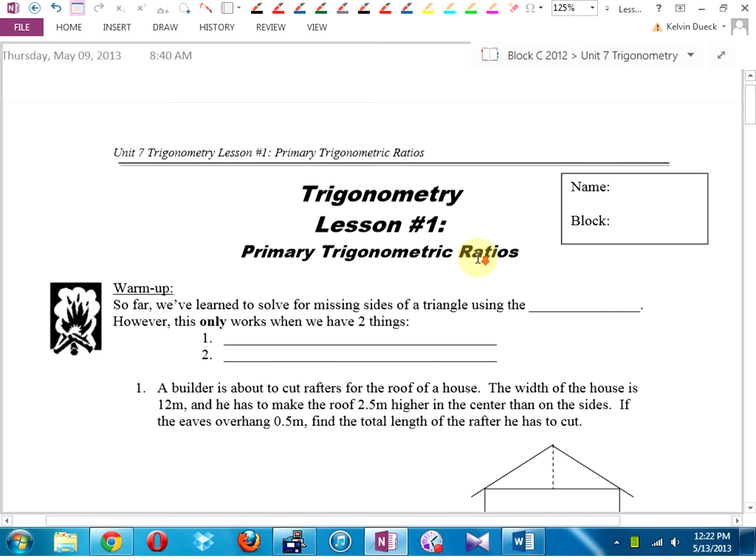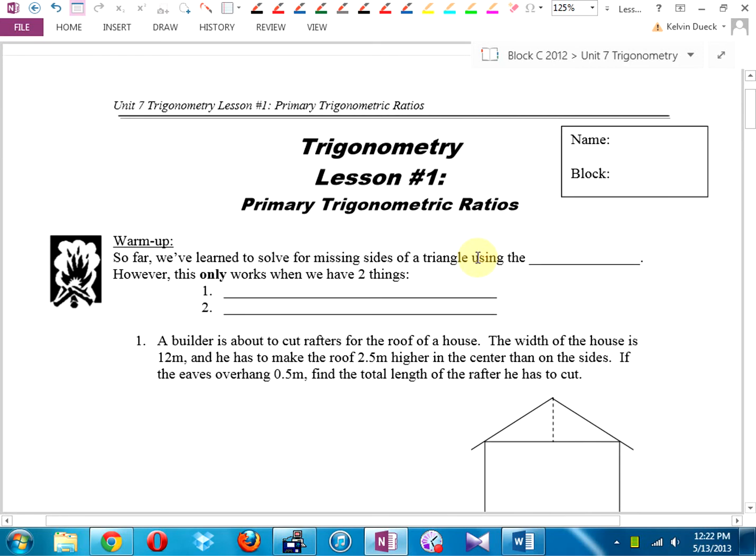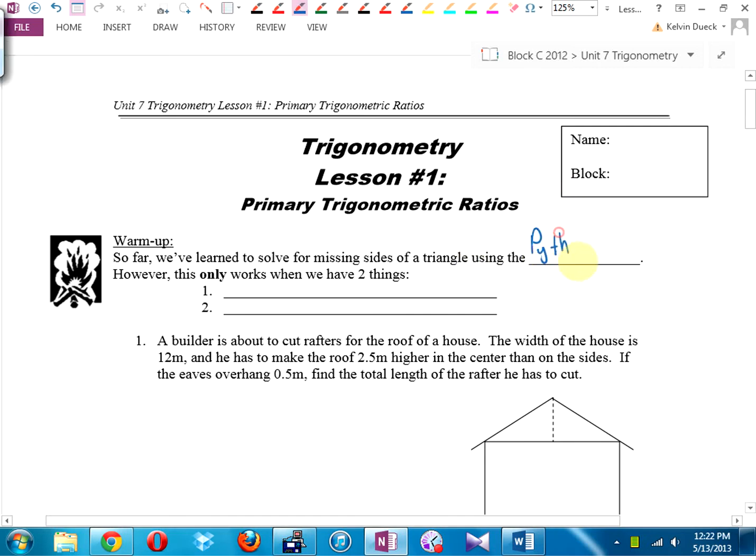Okay, let's go. So far, we've learned to solve for the missing sides of a triangle using the Pythagorean theorem. Remember, Pythagoras said a squared plus b squared equals c squared.